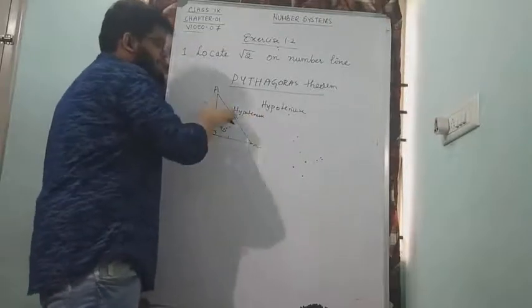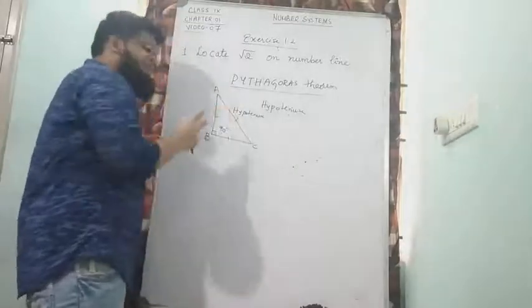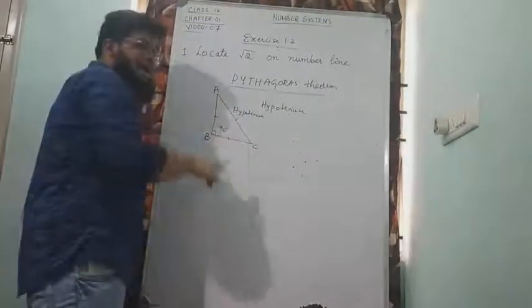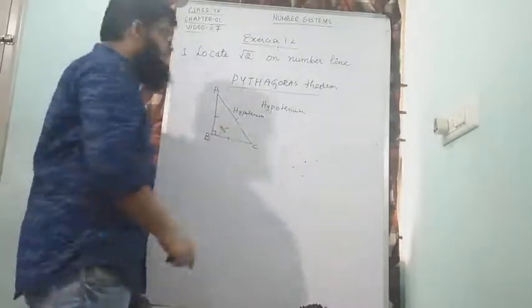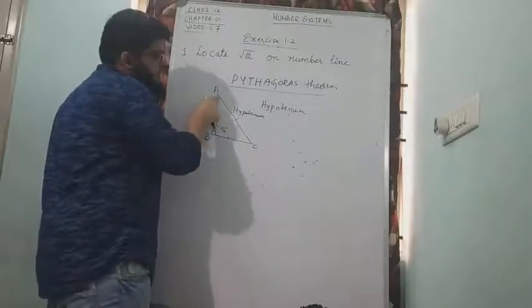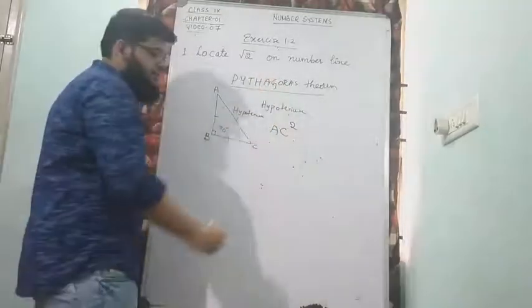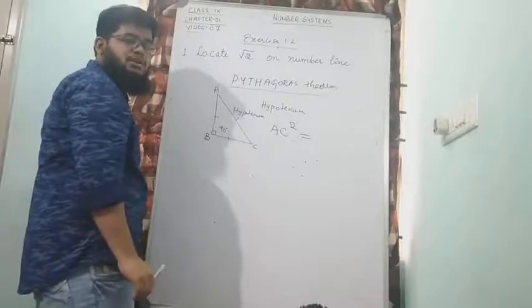So if I take this as the hypotenuse or the slant side in Pythagoras Theorem, then there will be two more sides remaining. Which are those two more sides? AB and BC, isn't it? So according to Pythagoras Theorem, the square on the hypotenuse, what is our hypotenuse here? AC. The square on the hypotenuse will be equal to the sum of the squares of the other two sides.